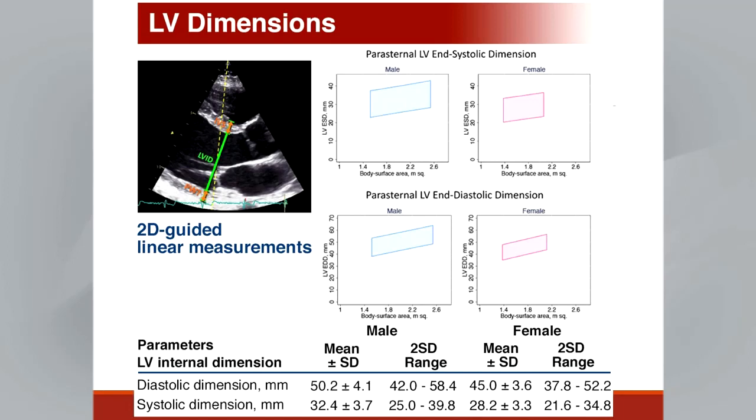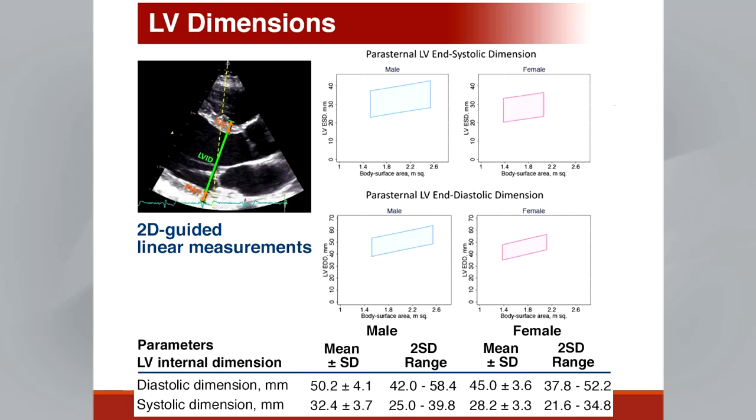All in this manuscript, you're going to see obtained from these databases the 95% limits, and these are made in which you can have in one axis the body surface area, and in this example the end-systolic and end-diastolic dimension, and you can see that these values are slightly different for males and females. I'm not going to go over these numbers.